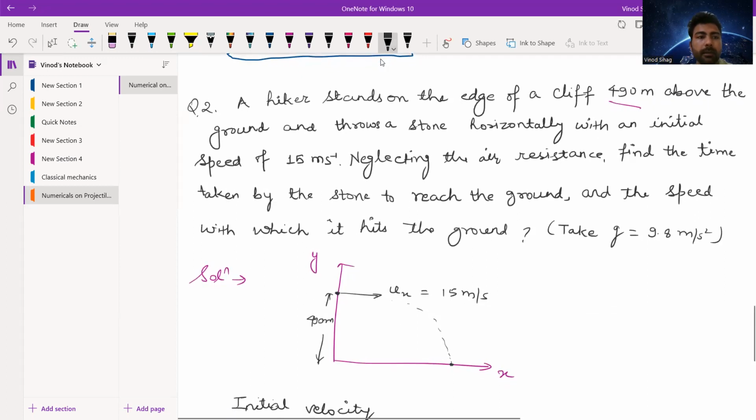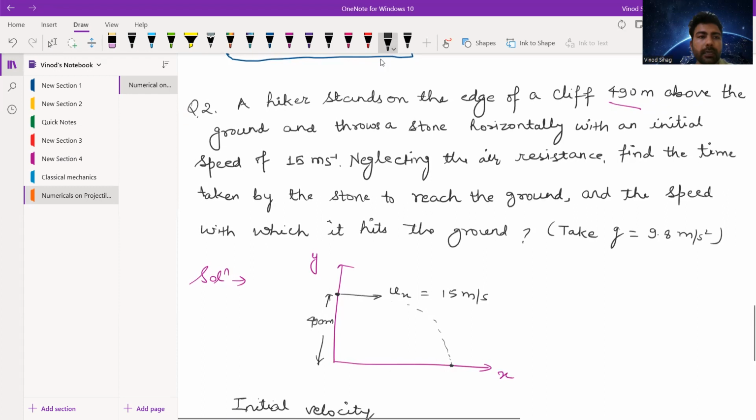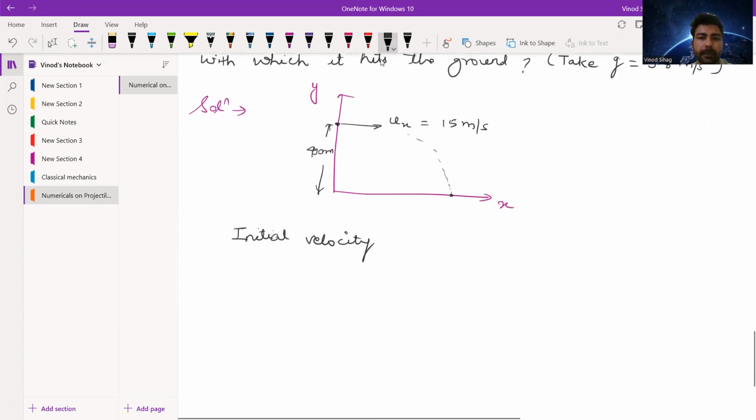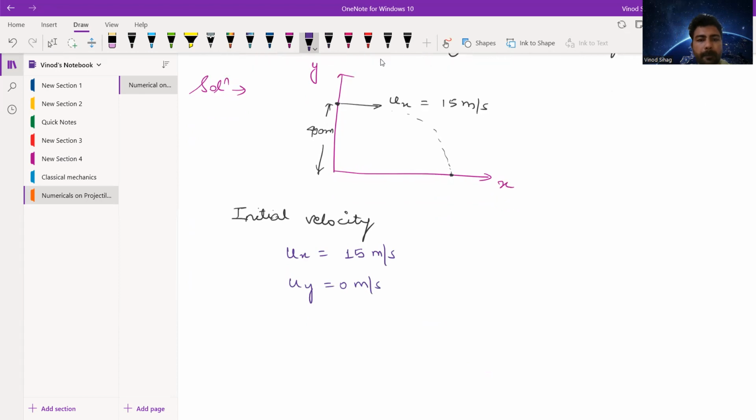So there will be no vertical velocity, or we can say the vertical component of the initial velocity. So let us write: ux is 15 meter per second and uy is 0 meter per second.